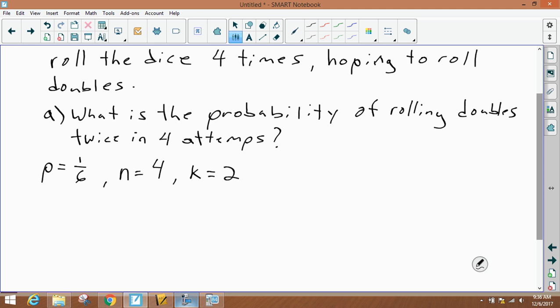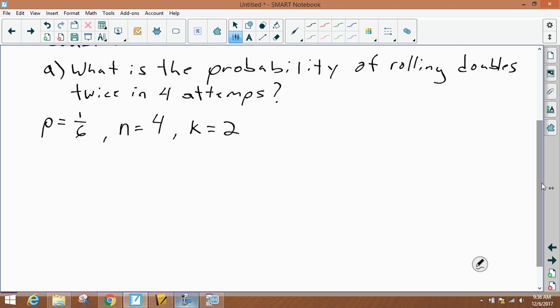And then k must be 2, right? So that's the only number we got. Alright. So then we're looking at the probability x equals k. And we're going to fill that into our handy dandy formula. And we're going to find it two different ways. We're going to do it longhand, and we're going to use the calculator.